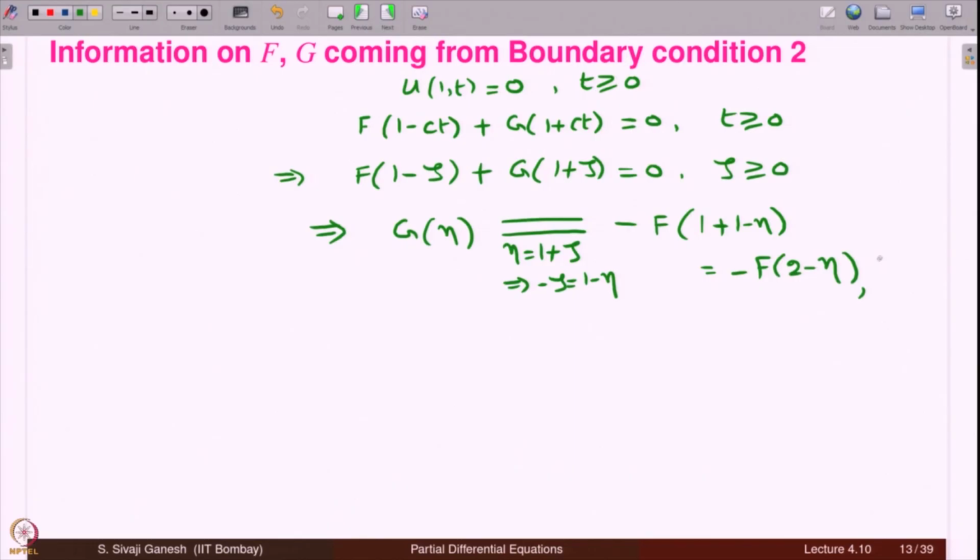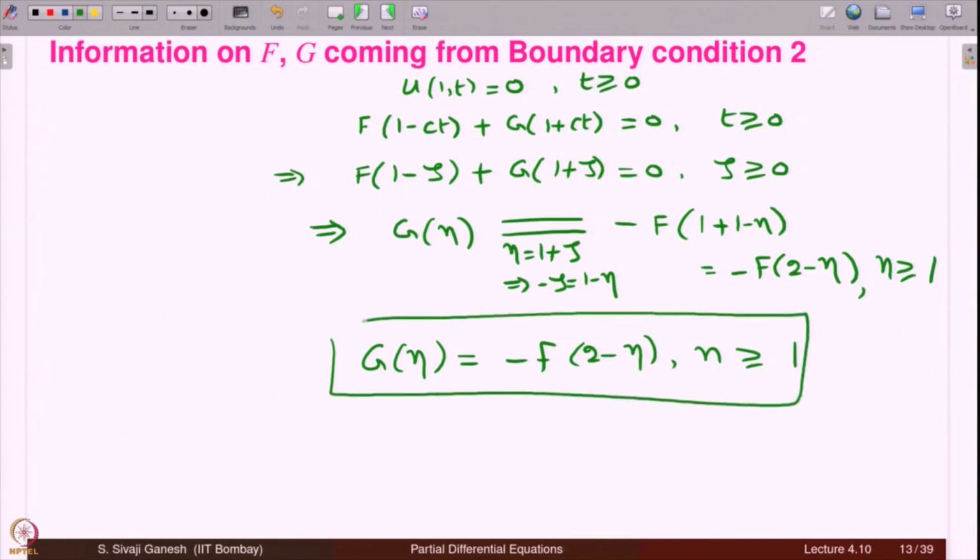Of course, valid for what? Eta greater than or equal to 1. If you notice, zeta is always greater than or equal to 0, therefore 1 plus zeta is always greater than or equal to 1, and I am replacing 1 plus zeta with eta, therefore eta is always greater than or equal to 1. So g of eta is equal to minus f of 2 minus eta when eta is greater than or equal to 1. This is the information coming from second boundary condition.